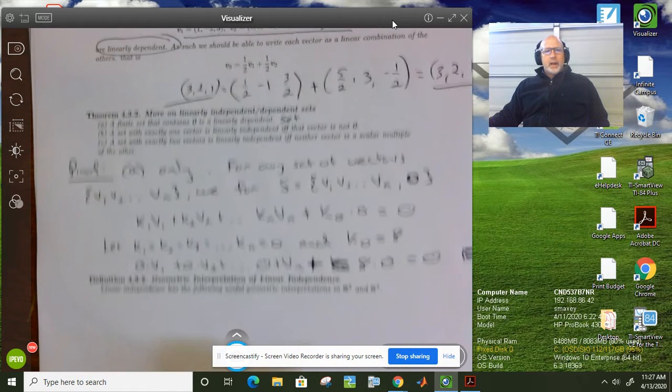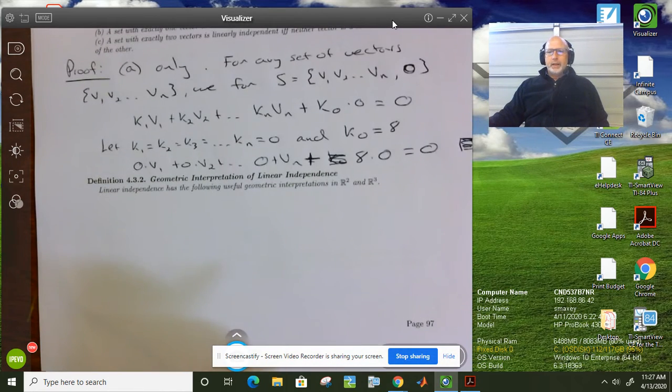Geometric interpretation of linear independence. Linear independence has the following useful geometric interpretations in R2 and R3.